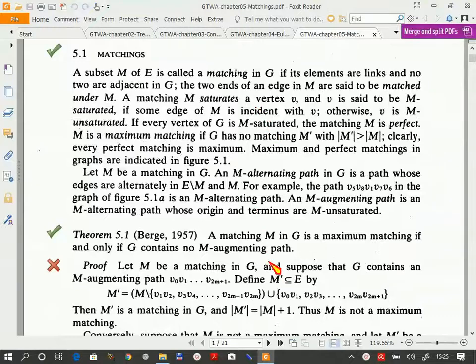For knowing whether a matching is maximum or not, we have this idea of M alternating path. So you have a fixed matching M, and you have a path. You say that that path is M alternating in G if the edges of the path are alternately outside, inside, outside, inside the matching.